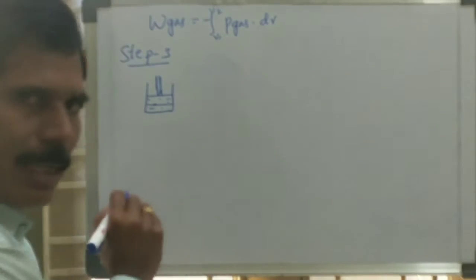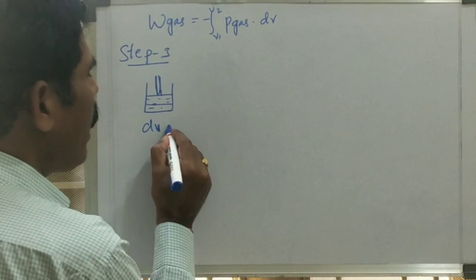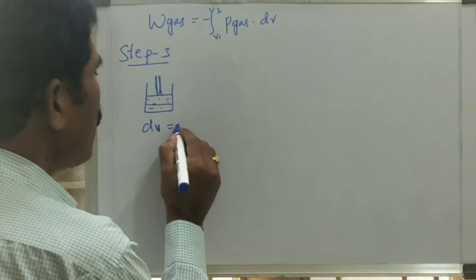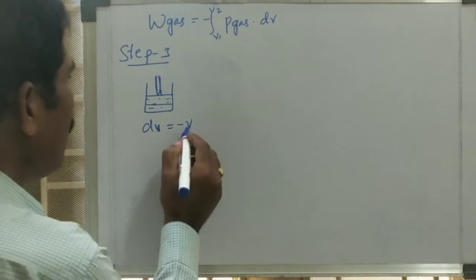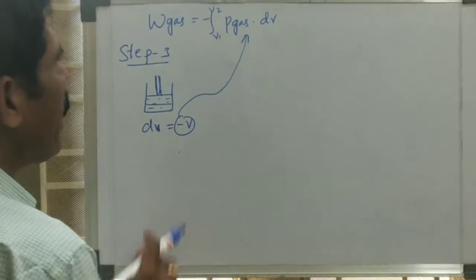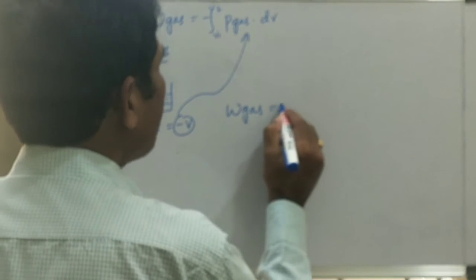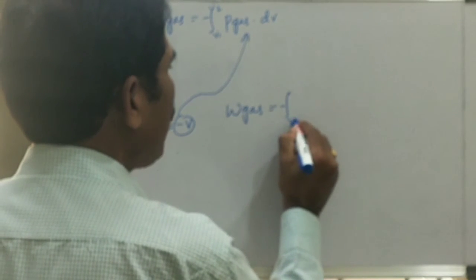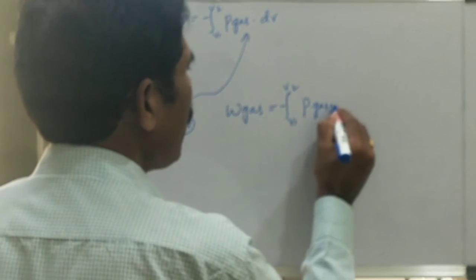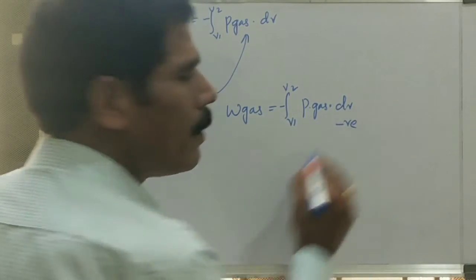So dV is negative. This value is substituted in this equation. Then what do we get? Minus the integration from V1 to V2 of pressure of gas into dV, if dV is negative, right?